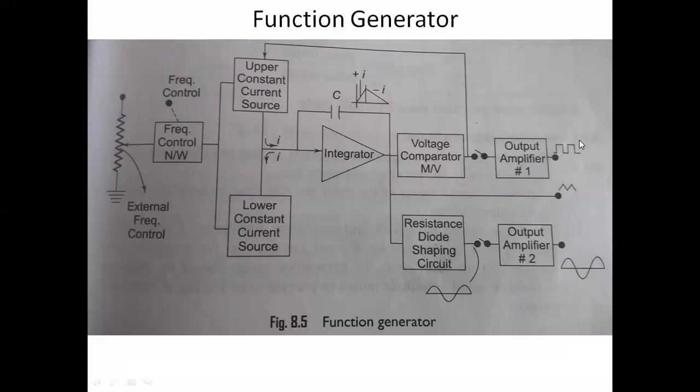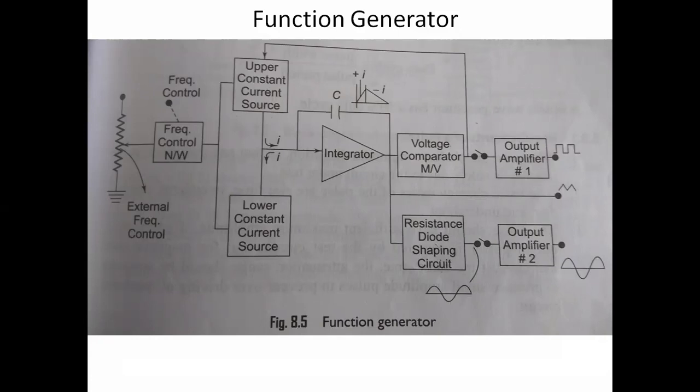We can produce signals in the frequency range from a fraction of a hertz to hundreds of kilohertz. So we can produce 0.01 hertz to 100 kilohertz. In this frequency range, the function generator will produce three types of output waveforms.